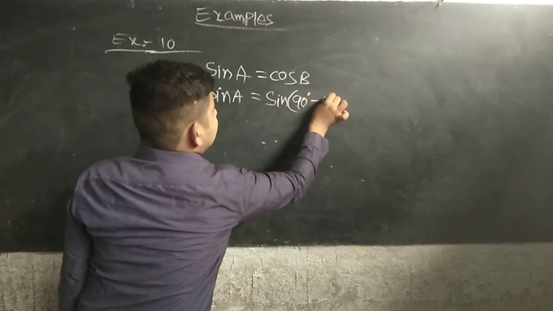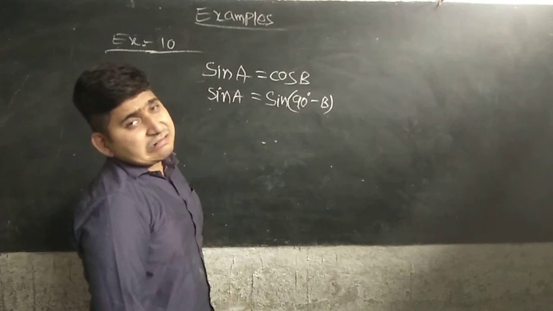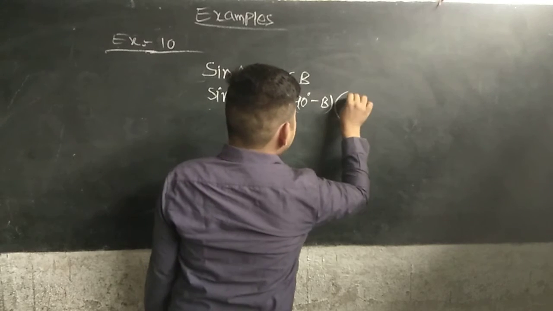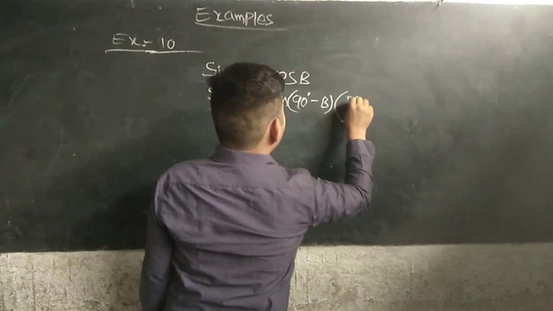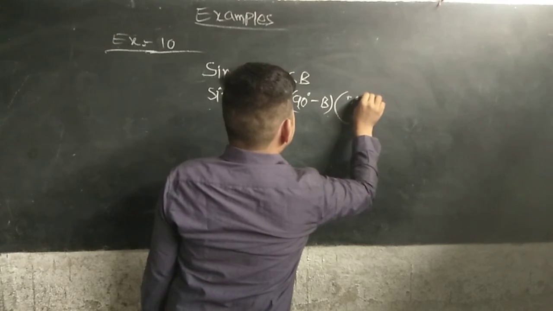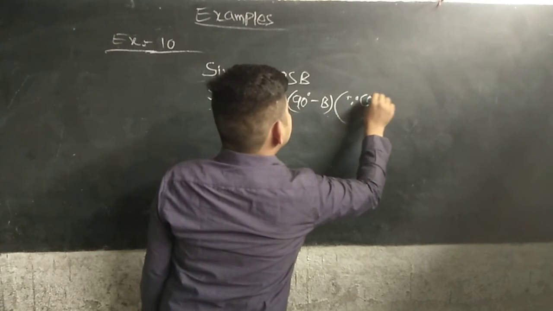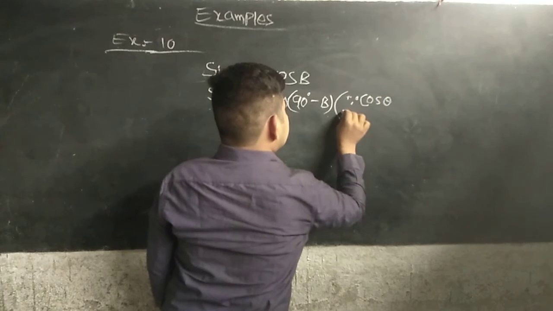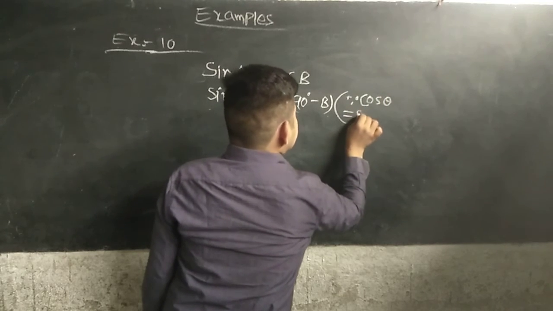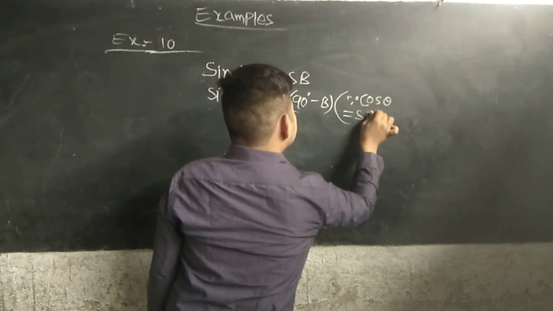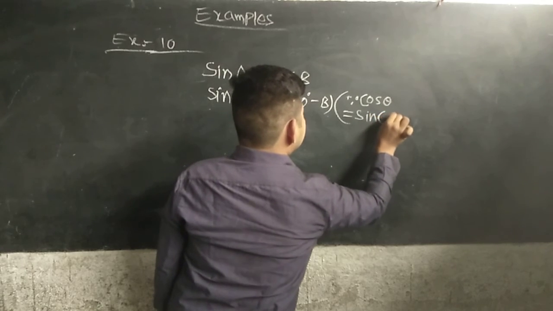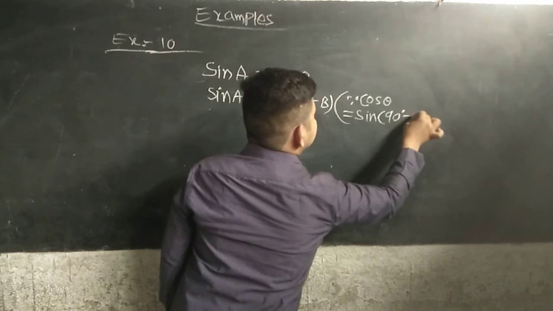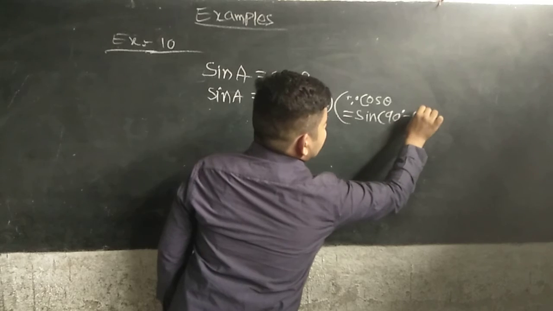Because cos theta equal to sin 90 degrees minus theta. That you have to write here.